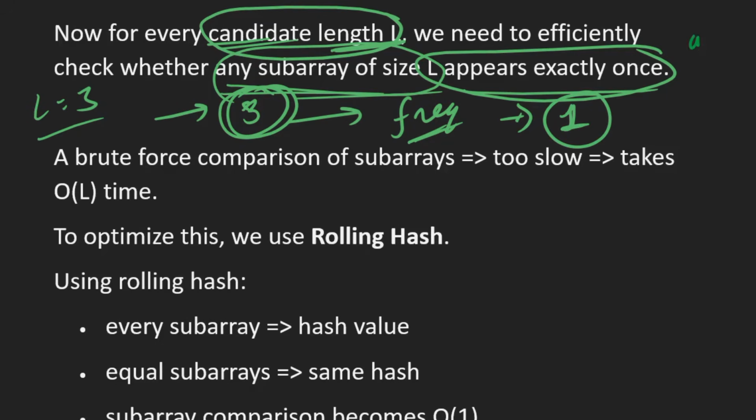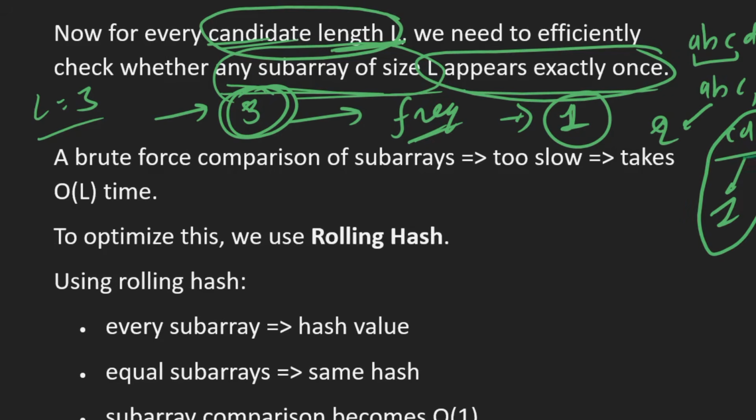Let's say a b c d: abc is one string, bcd is one, cda is one. Let's say the frequencies are 2, 3, and 1, so this cda subarray is our answer because it is unique.